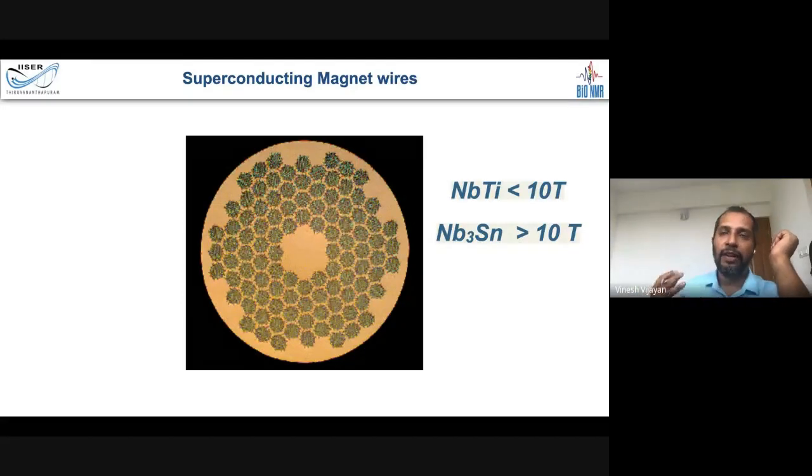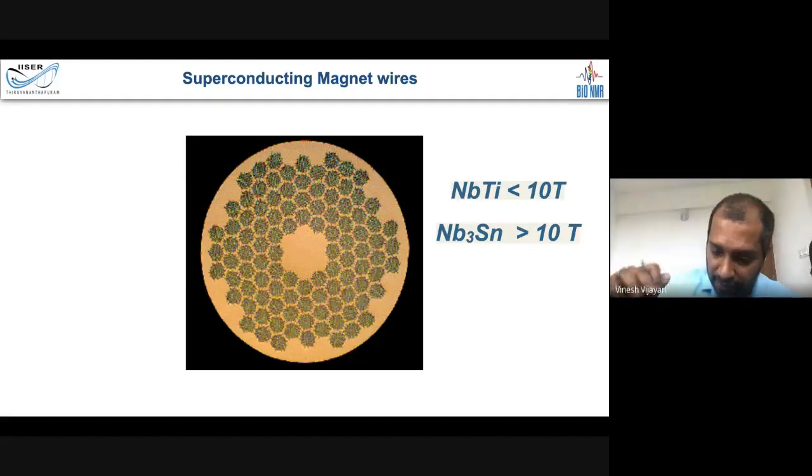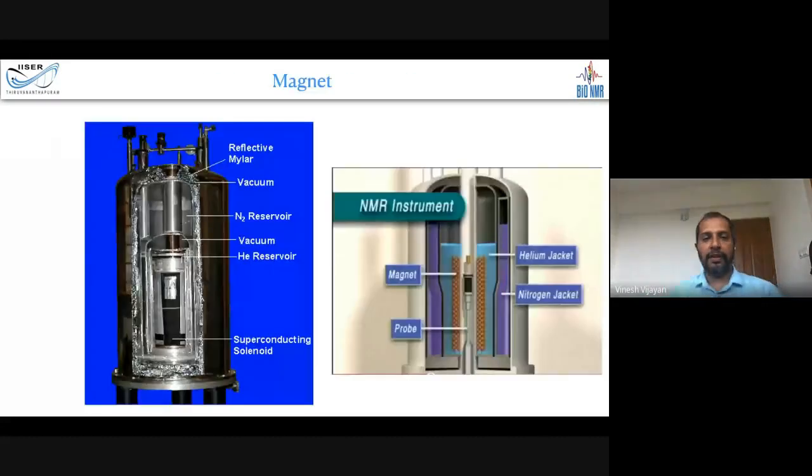If you just want a higher field, there is no problem. There are magnets which can go up to 100 Tesla, 200 Tesla. But creating and sustaining a very homogeneous magnetic field is very difficult. The maximum we have reached so far is around 23 Tesla. We are nowhere near 100 Tesla.